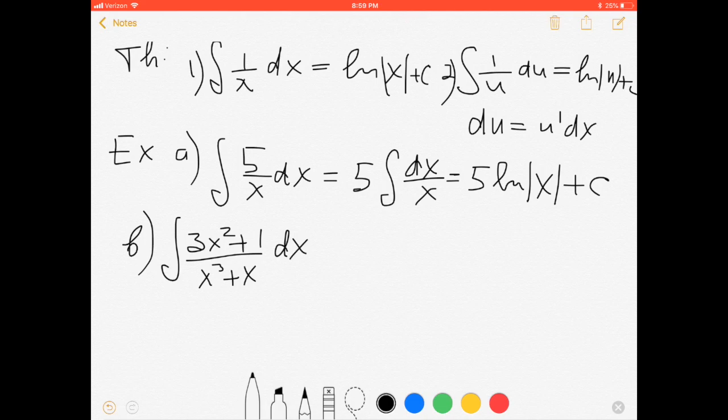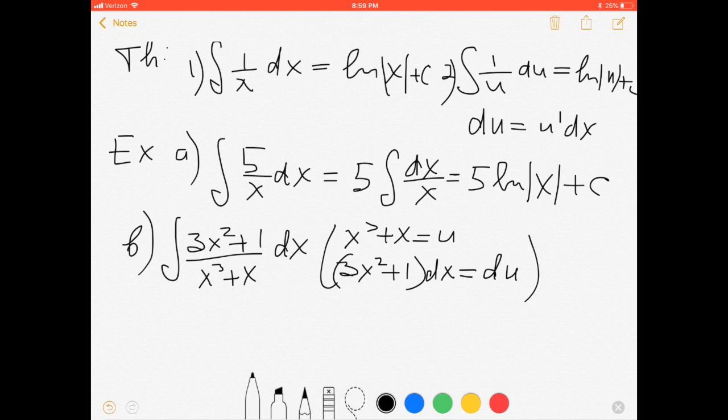Look at this function inside the integral and see the relation between numerator and denominator. If we substitute u equals x cubed plus x and take the derivative, it will be exactly 3x squared plus 1 dx, which is du.